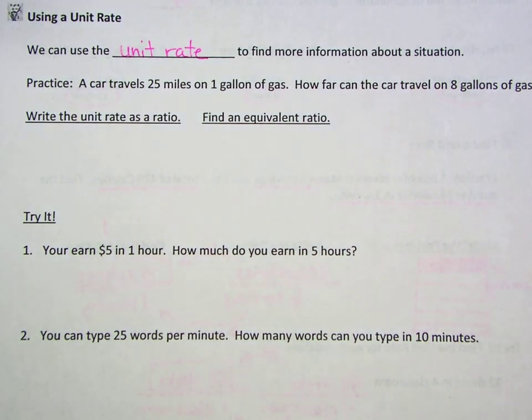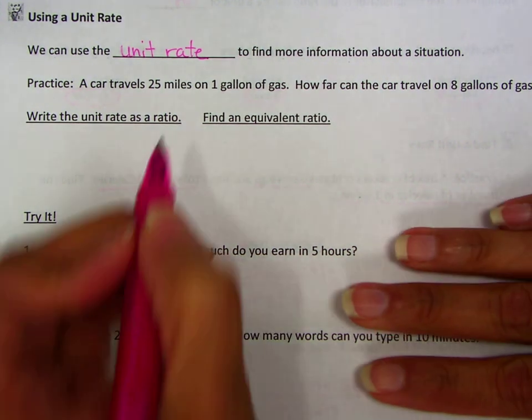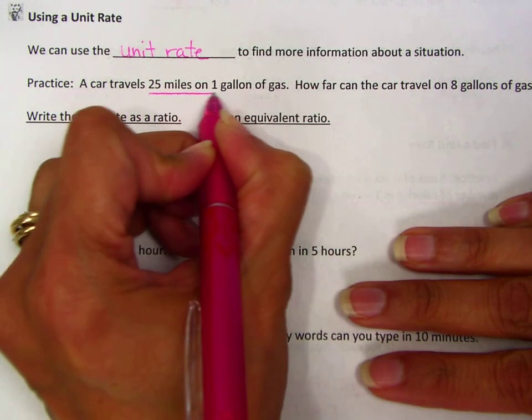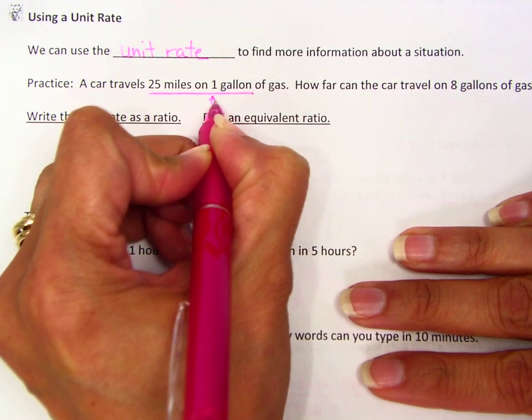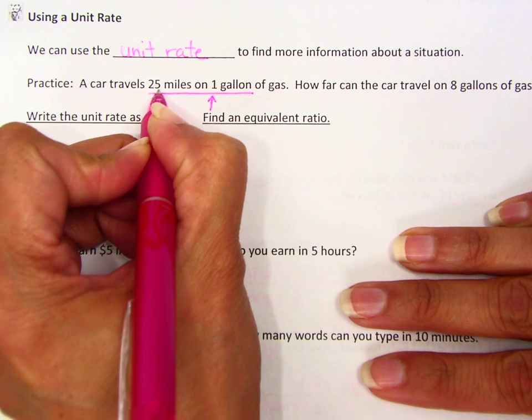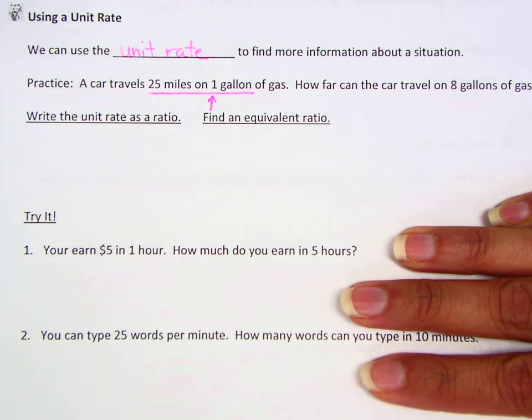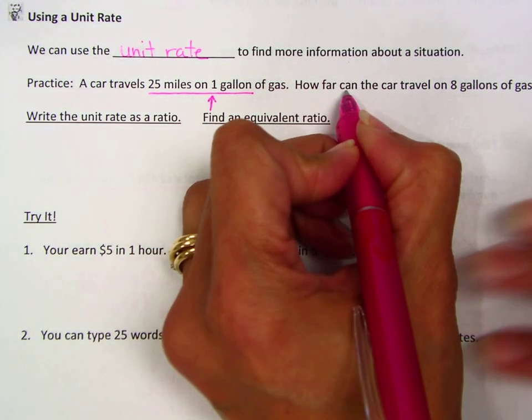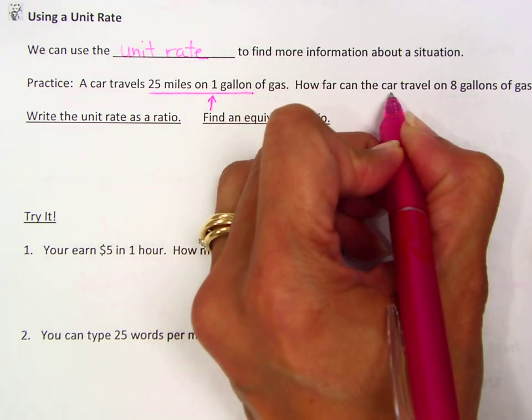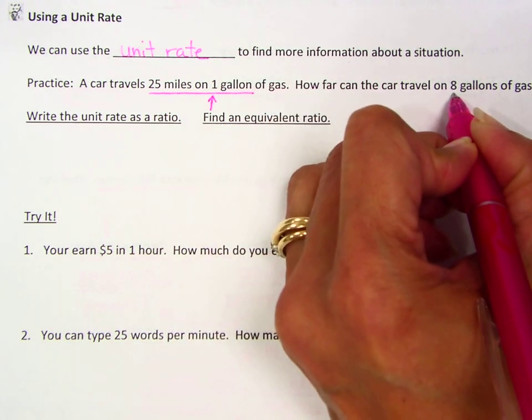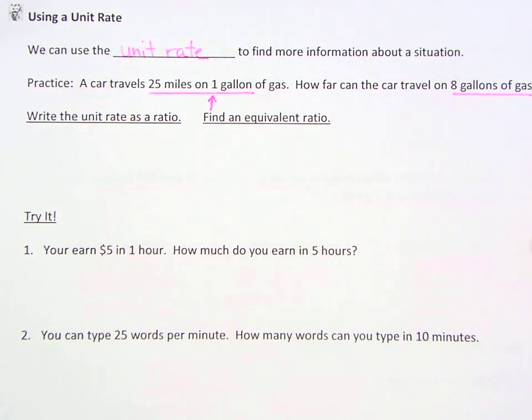A car travels 25 miles on 1 gallon of gas. How far can the car travel on 8 gallons of gas? Well, here's what's important. 25 miles on 1 gallon. There's that 1, my 25 miles for 1 gallon. That means that's a unit rate. And I want to know how far the car can travel on 8 gallons of gas.